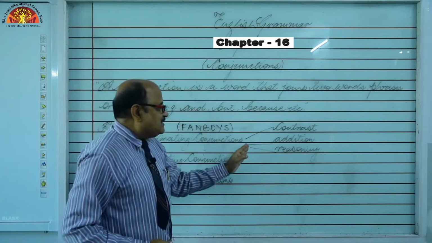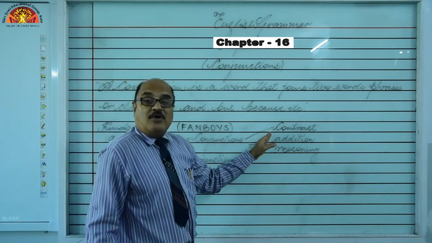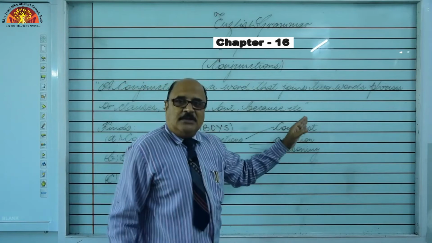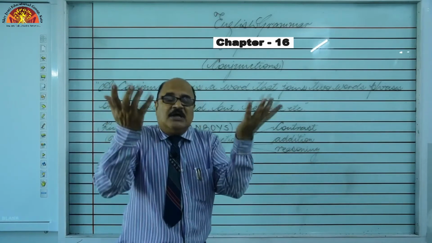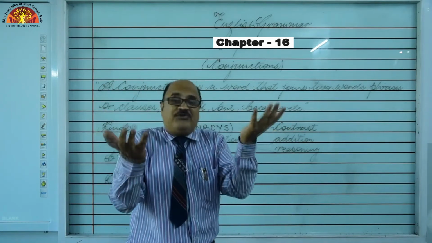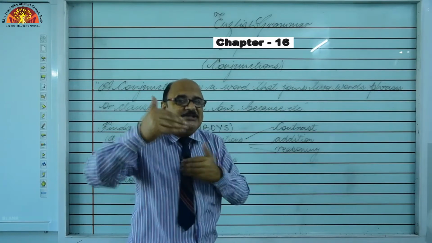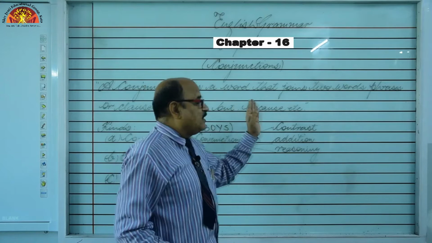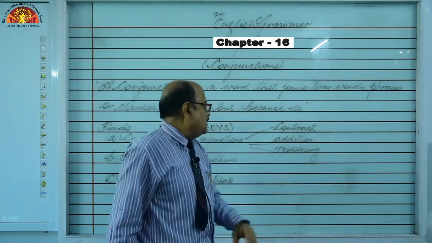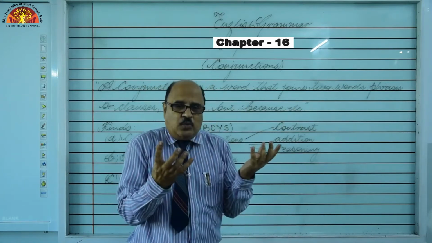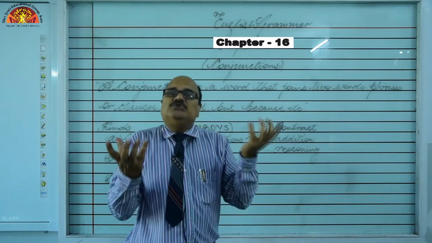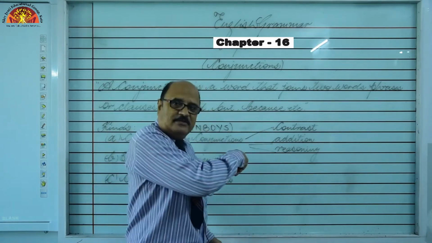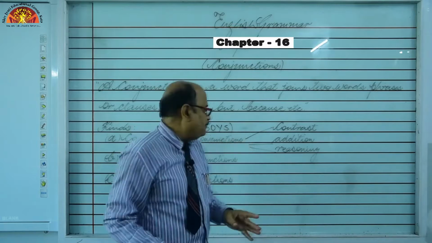So, let us have a look at them in contrast. Whenever these conjunctions express the meaning in contrast, means two sentences or two phrases are opposite to each other, that is known as coordinating conjunctions in contrast. And whenever we have to join two sentences, known as clauses, I will explain the term clauses also, do not worry.